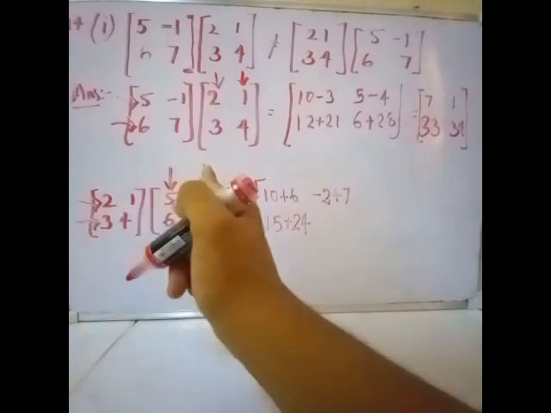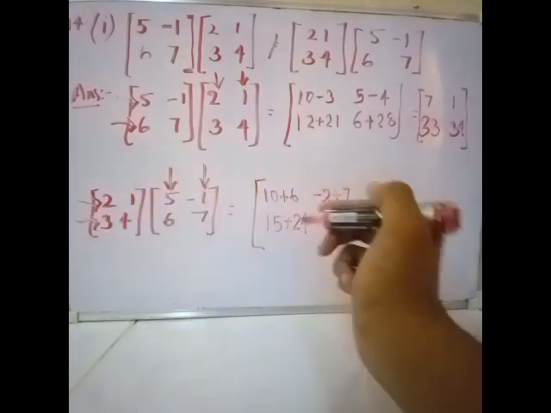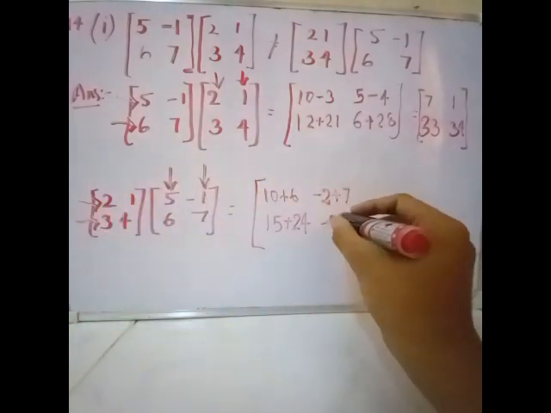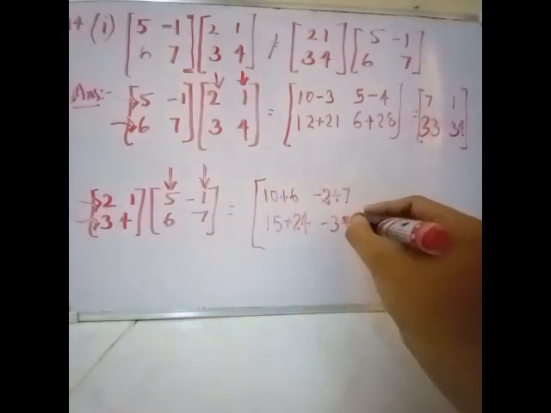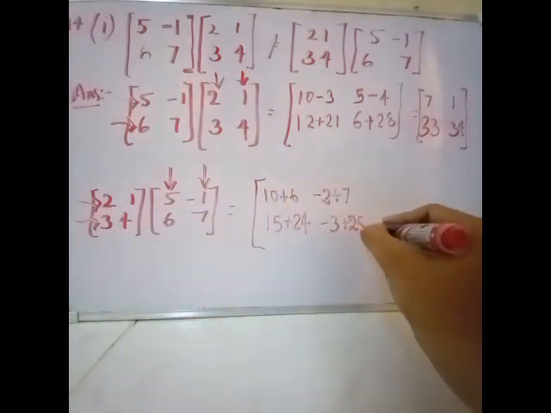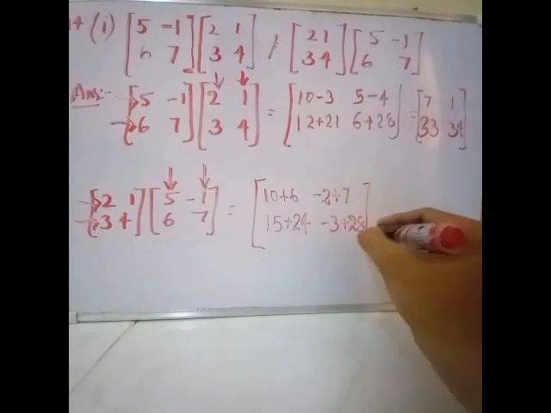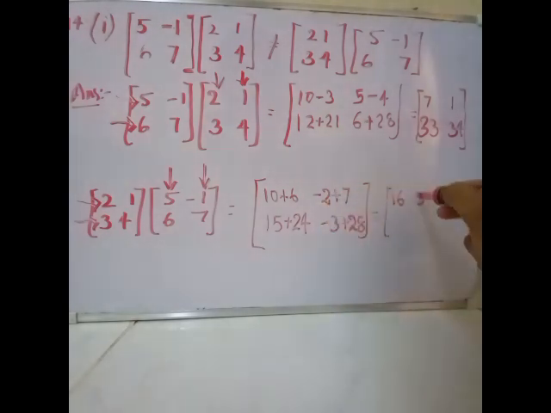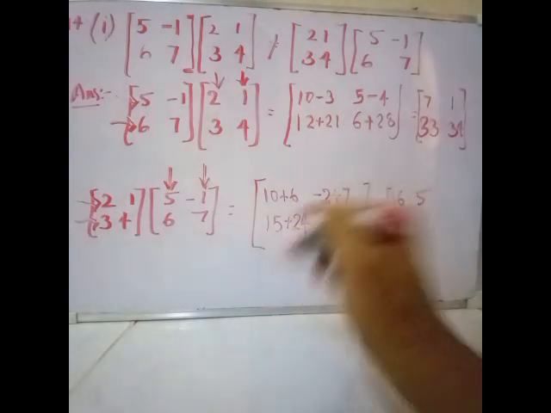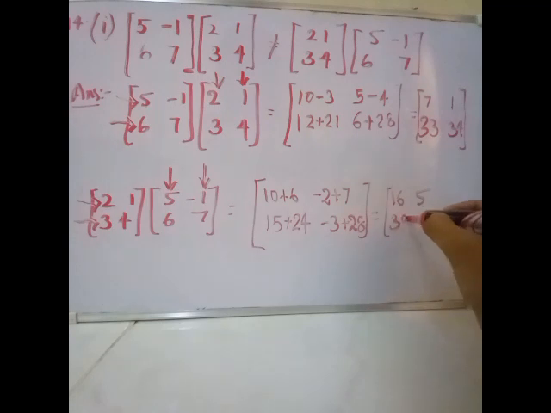Now second row with the second column, 3 times minus 1 would be minus 3, and 4 times 7 would be 28. Now we just have to simplify. 10 plus 6 is 16, 7 minus 2 would be 5, and 24 plus 15 would be 39, and 28 minus 3 would be 25.